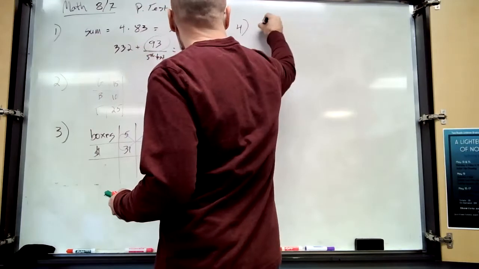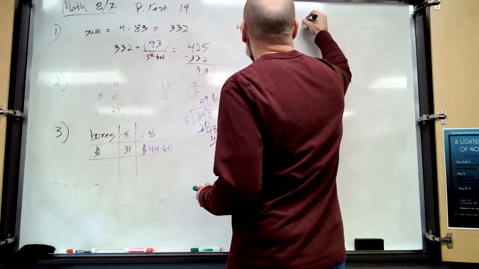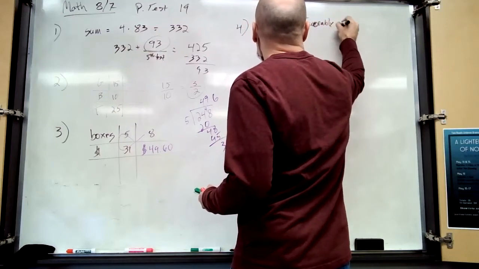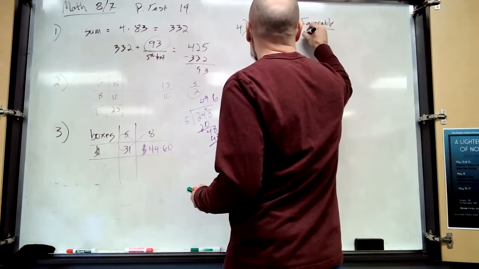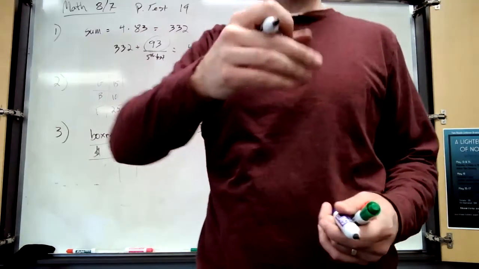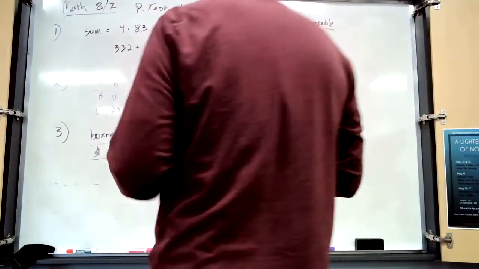Number 4. Probability. How do you figure out probability? That's the number of favorable outcomes divided by the number of total outcomes. So flipping heads on a coin is 1 out of the 2 total sides. There's only 1 head on a 2-sided coin. But what's the probability of a coin landing on heads 5 times in a row?